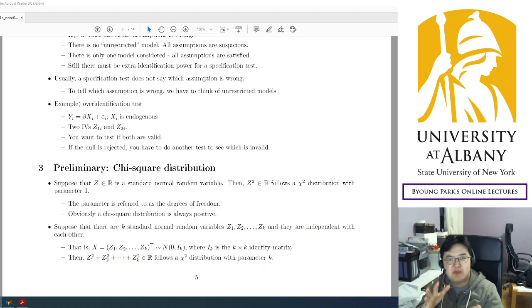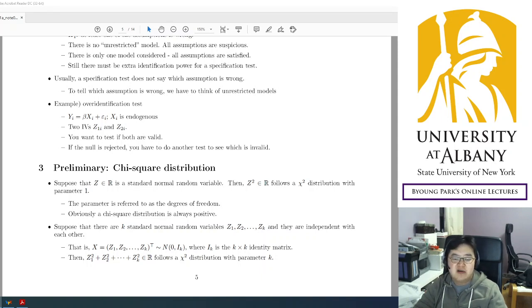The parameter must be identified without using the hypothesis in order to test the hypothesis. That was just a conceptual approach, and it is related to a lot of different contexts in statistics and econometrics.